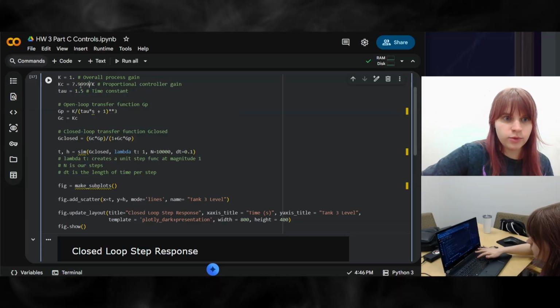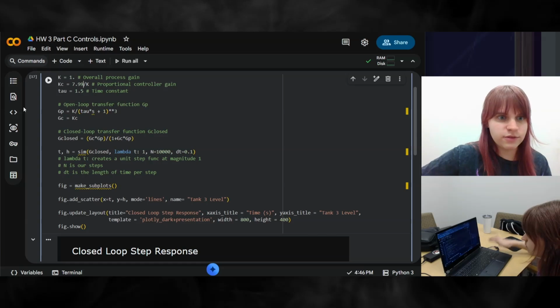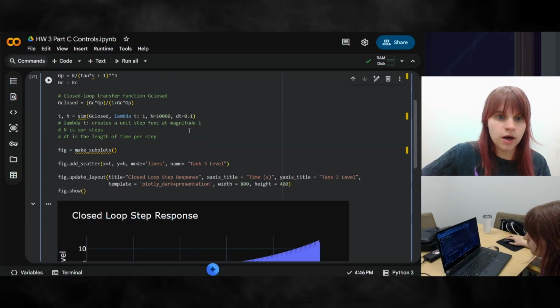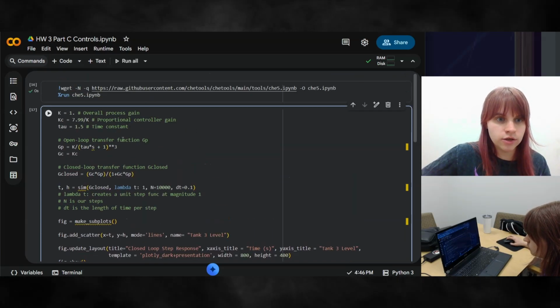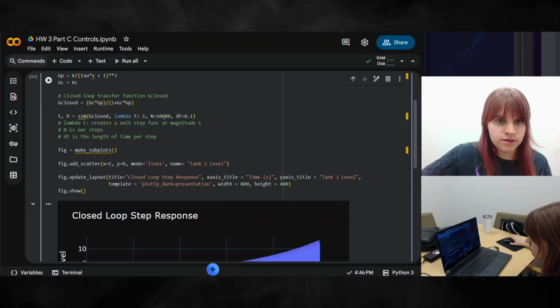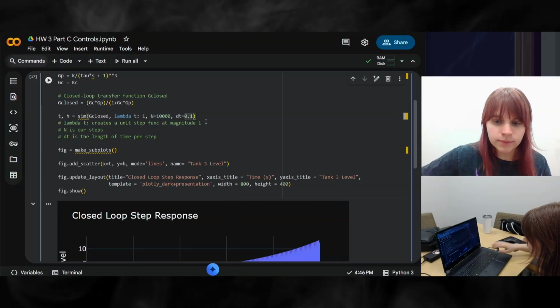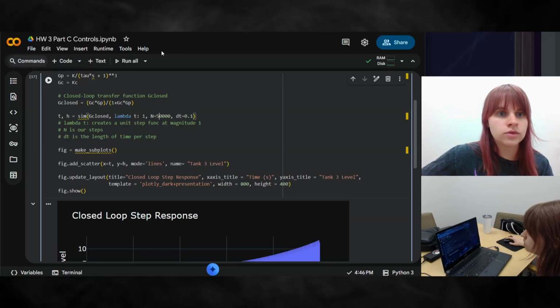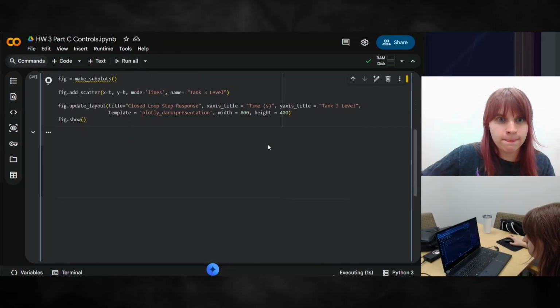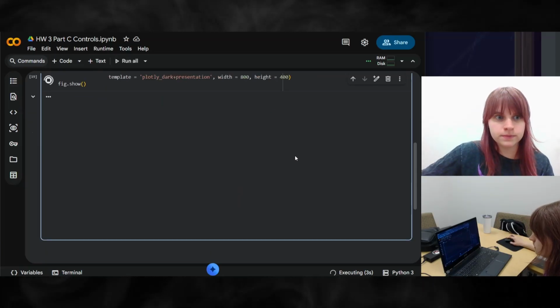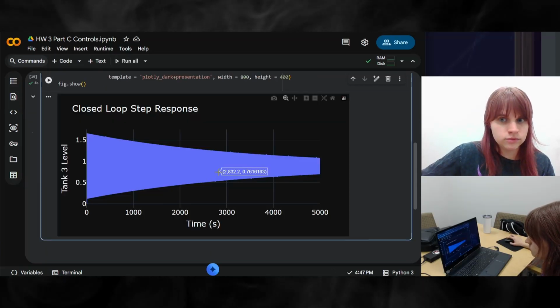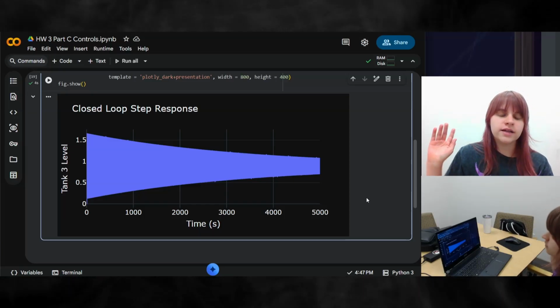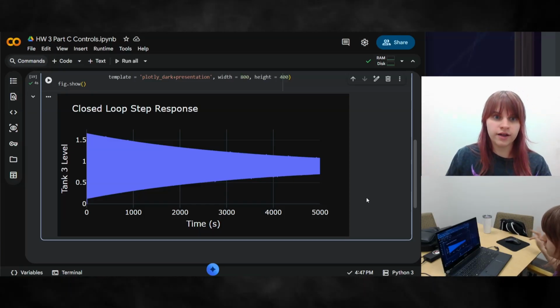Even if I do 7.99, that's still below our 8 over K. I just might need to run this for a very long time. Let's see what that looks like. So yeah, it's obviously not as fast.